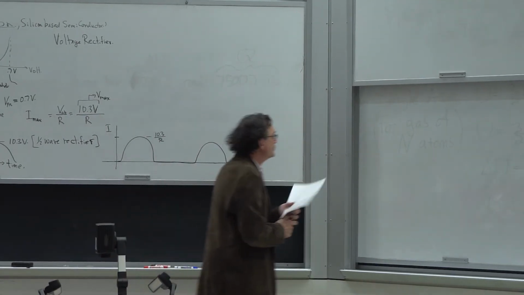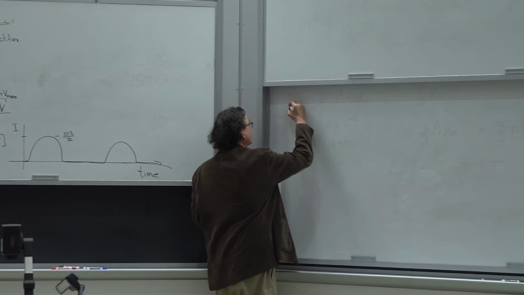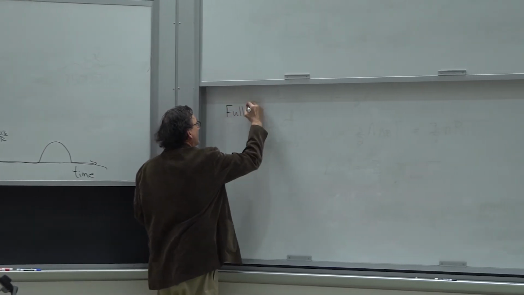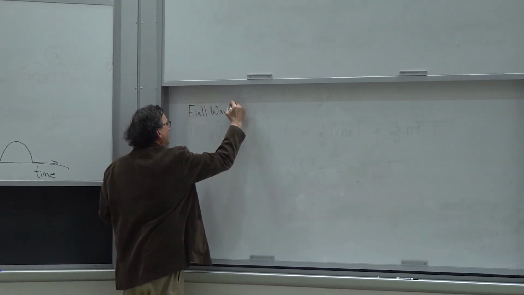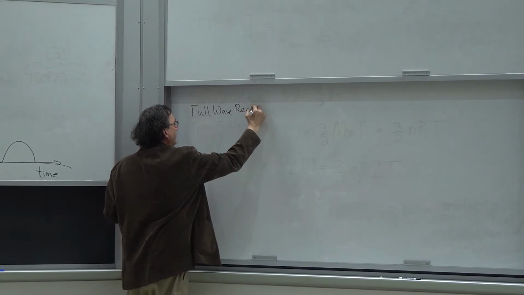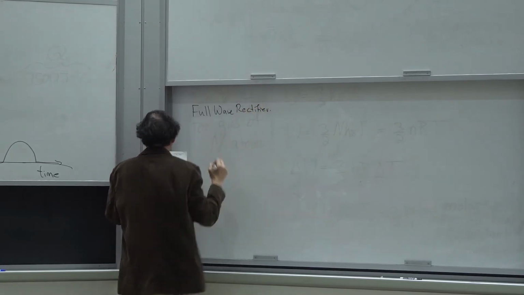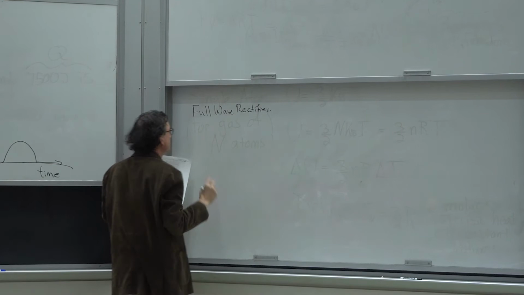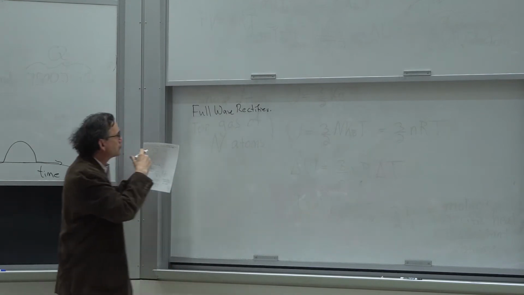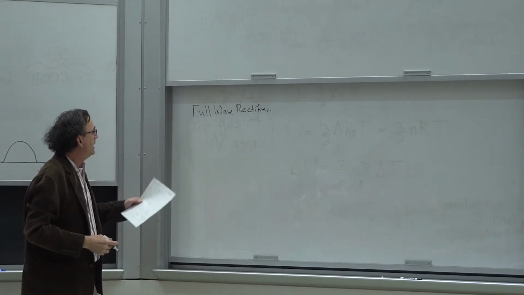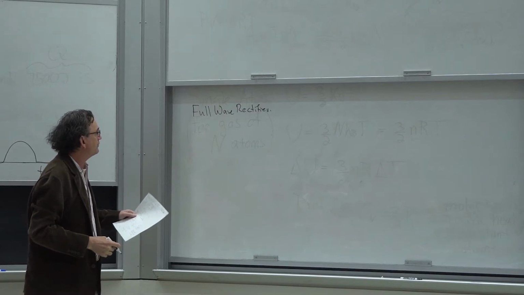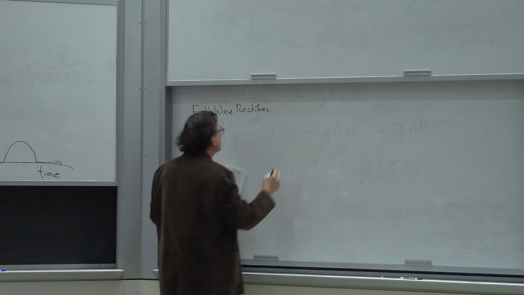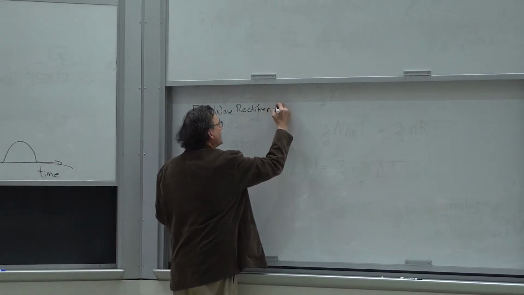So another more useful one is what's called the full-wave rectifier. And it works something like this. The reason, by the way, is that we're going to look at a specific application. Not only are we going to talk about the full-wave rectifier, but we are going to talk about a transformer.